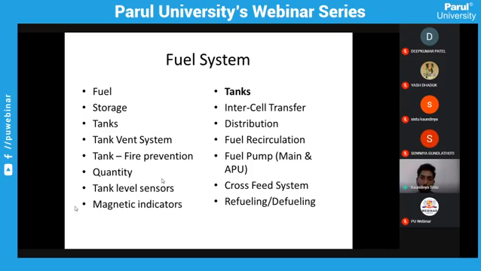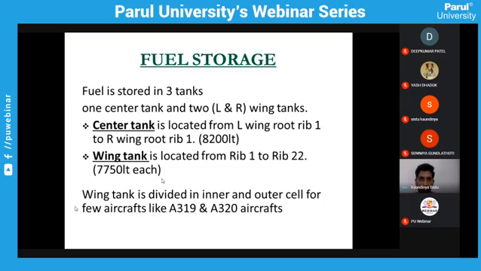You can use those systems only on the ground, not in the air, because they have many defects while running, so they are not used during flight. Only on the ground can you make fuel transfers from left to right, right to left, or center to right. Okay, how it is done, I will show you.